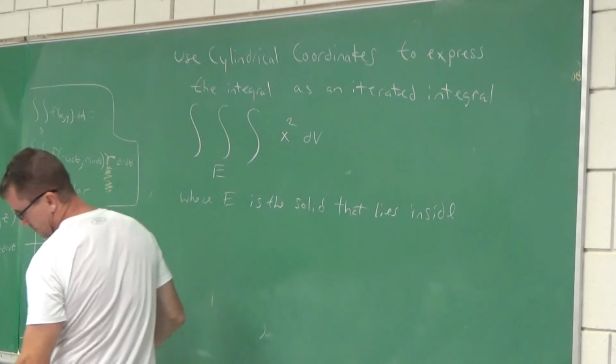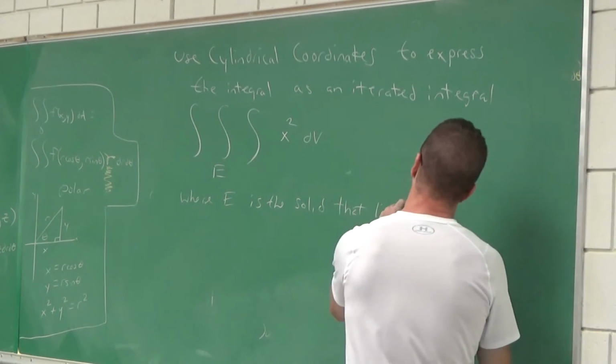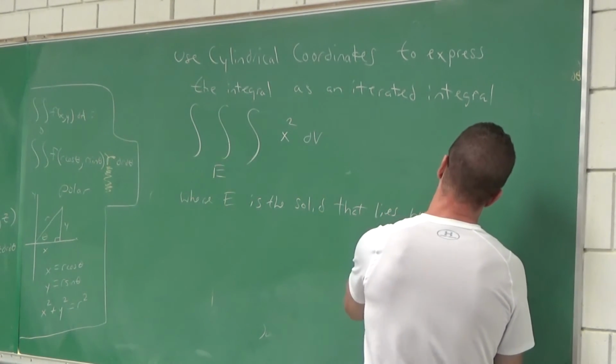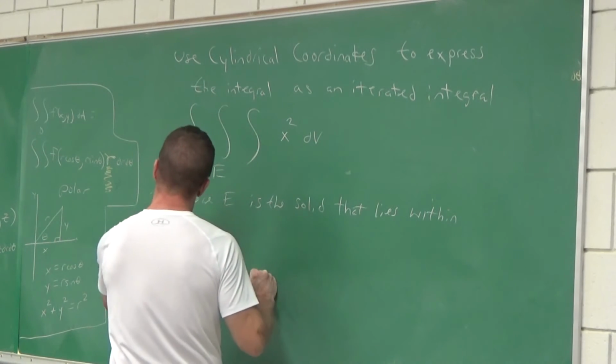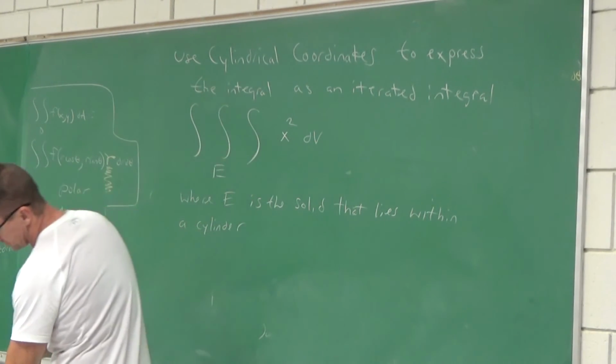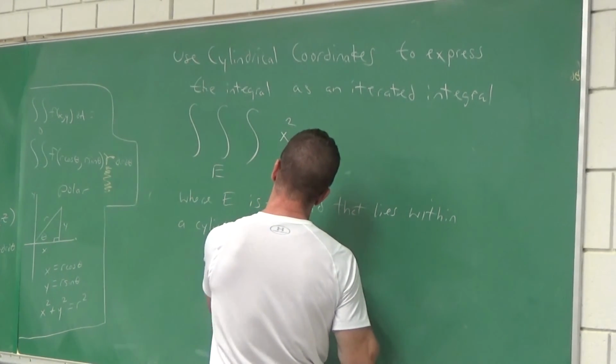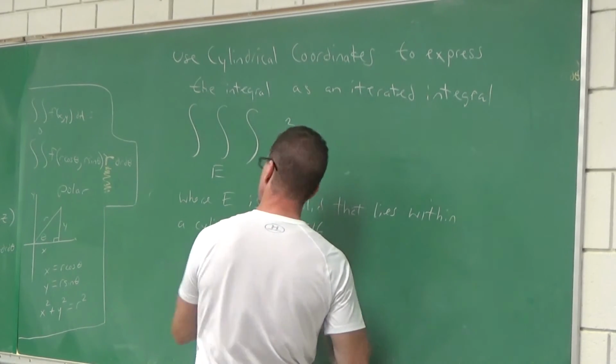And when they often use the word within, that lies within a cylinder x squared plus y squared equals 16.